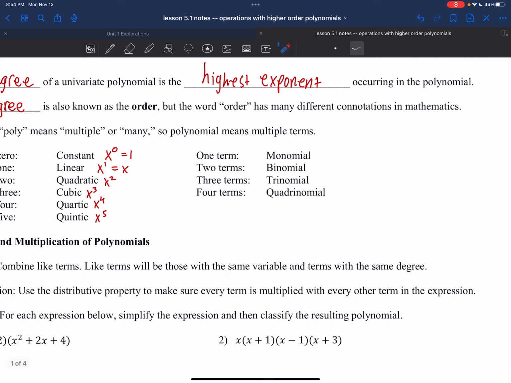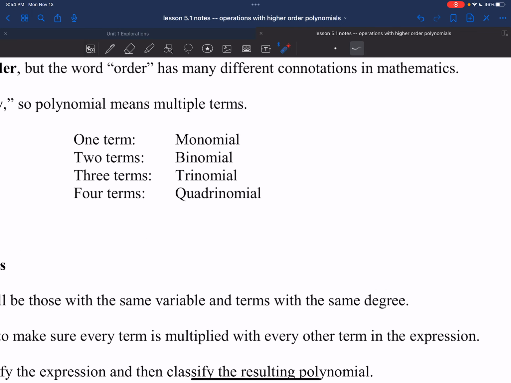And just a little classification here. If you only have one term, it's called a monomial. So, let's suppose you have like 3x, right? And then a binomial would be like 4x plus 1. Let's say 4x squared plus 1. And then a trinomial would be like 5x squared plus x minus 3, right?